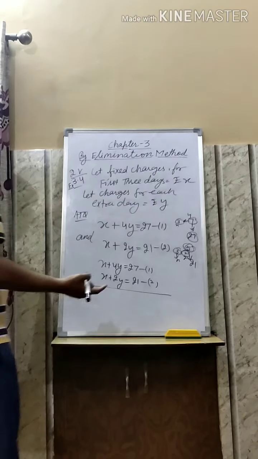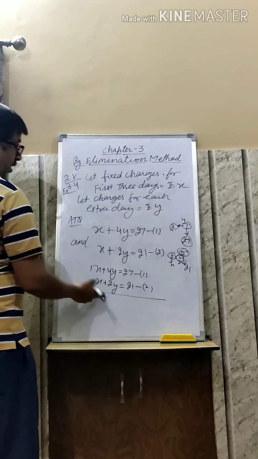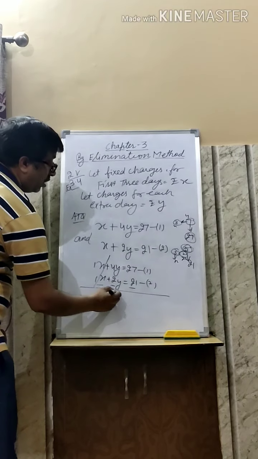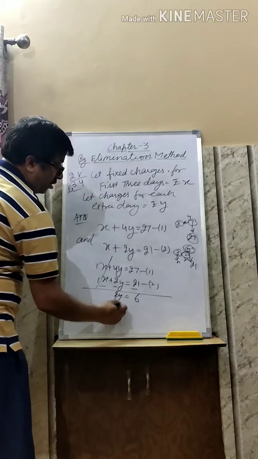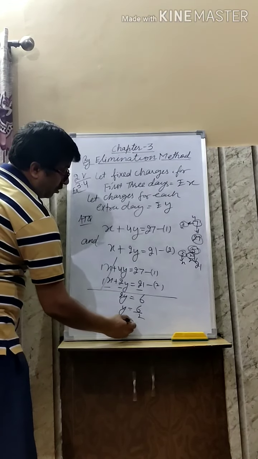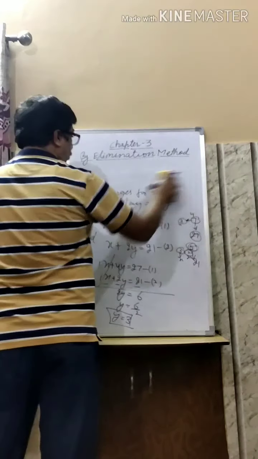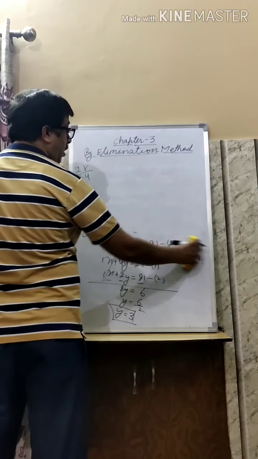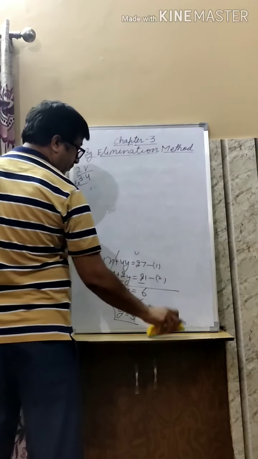Now what will you do? You solve by elimination method. You see, coefficient of x is the same. Then subtract. So x cancels. So 2y, 27 minus 21, 6. Only 6 is here. 6 by 2. So y is equal to 3. So what do you say? Put the value of y either in first equation or in second equation.